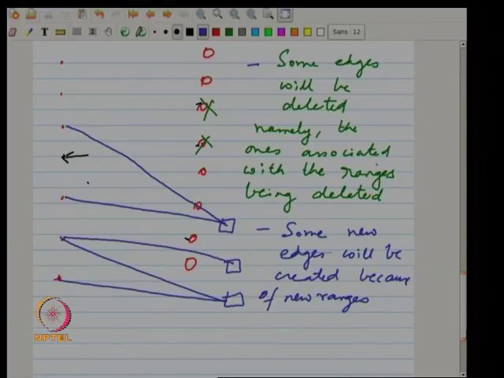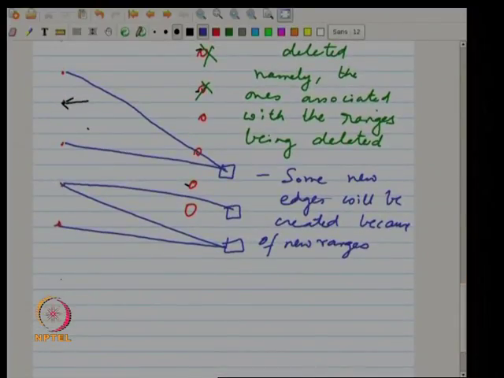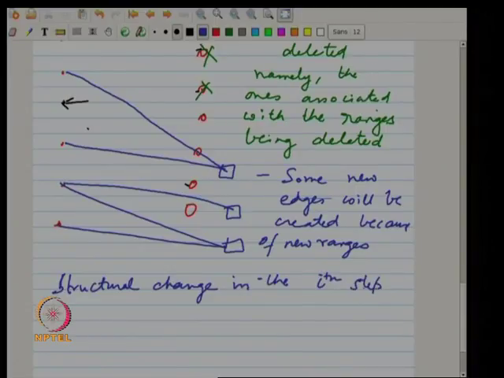In the simplest case, we should count both of them, the edges deleted and the edges created. So the structural change in the ith step is the number of edges deleted plus the number of edges created.